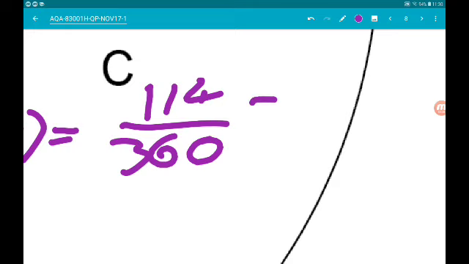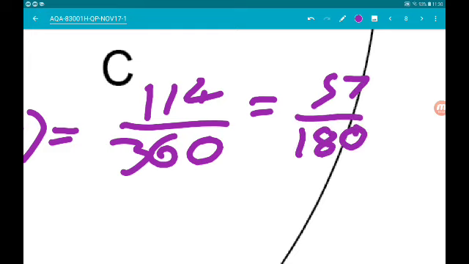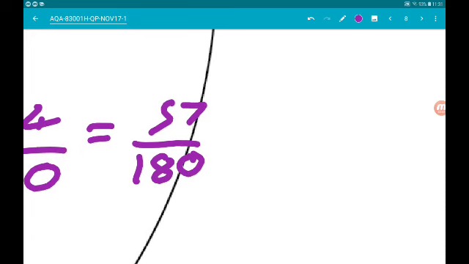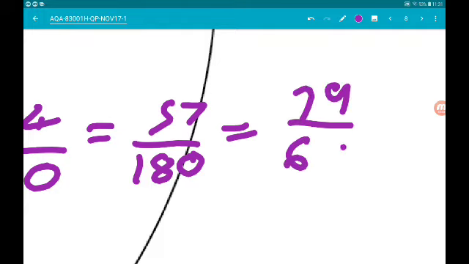So there's a common factor of 2, so 57 over 180. Then there's a common factor of 3, so this is 19 sixtieths. Cool.